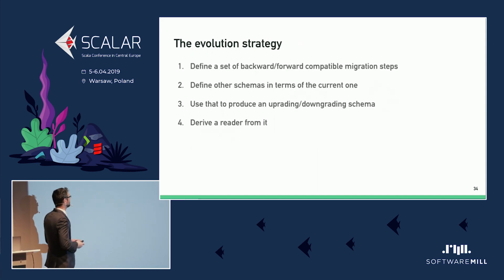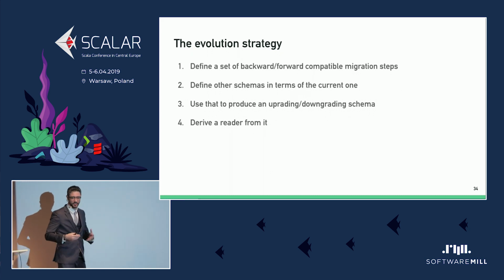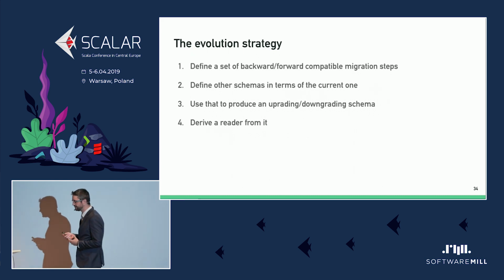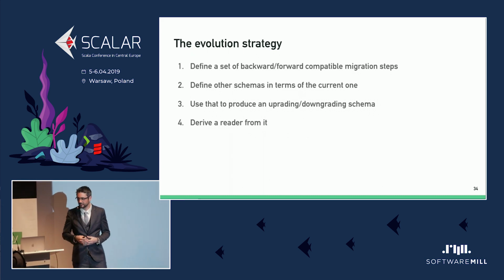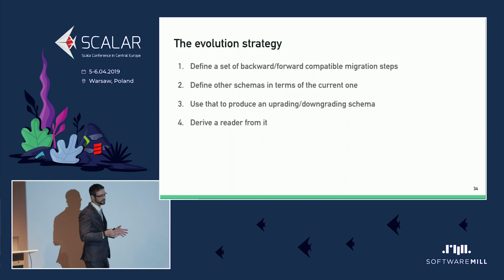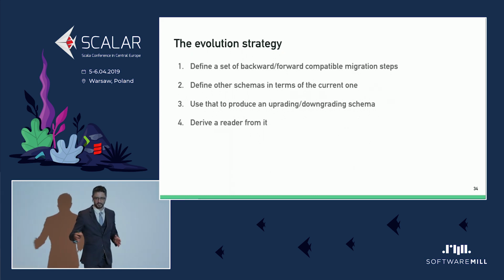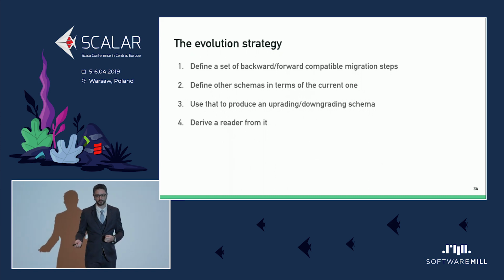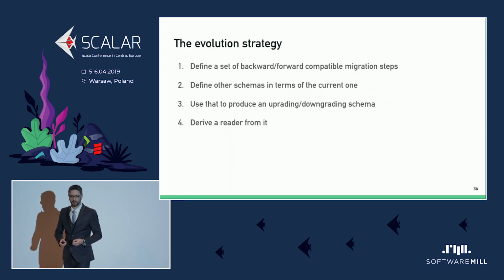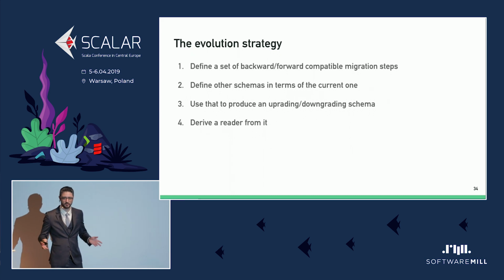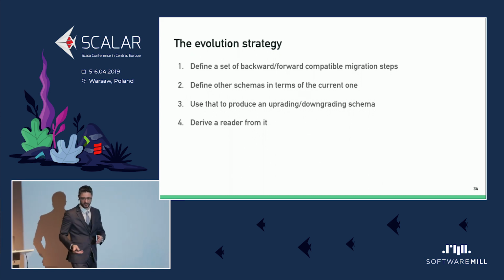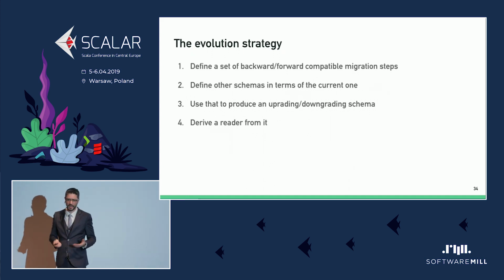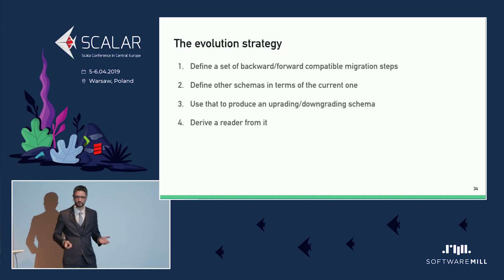So let's try to devise a strategy. First, we need to define a set or list of possible migration steps between two schemas that allows for backward and forward compatibility. This set is finite. It's just a matter of expressing it. For example, you could say, I want to add a field with a default value.